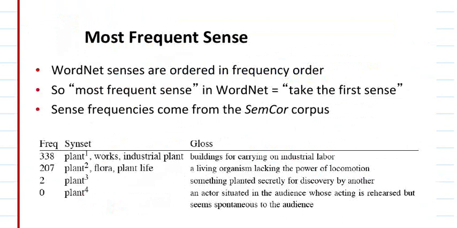The Lesk algorithm uses WordNet and the information from it. It uses the glosses in WordNet. The glosses are the explanations of the senses of the words in the form of sentences.